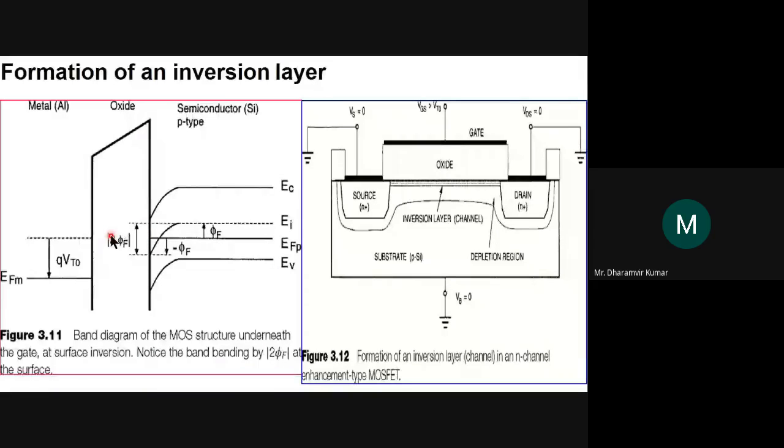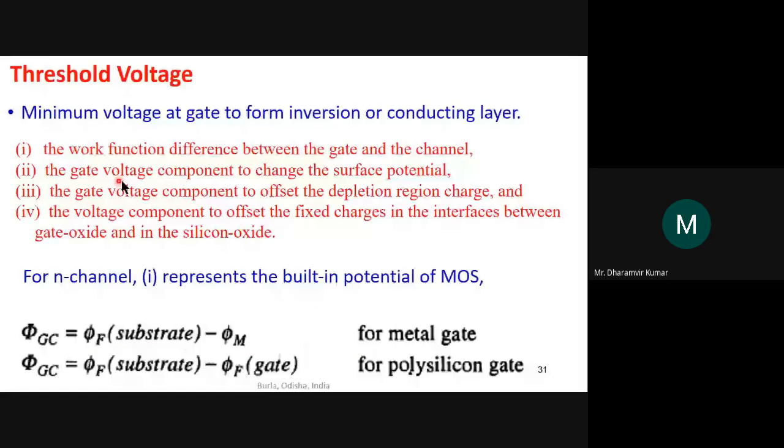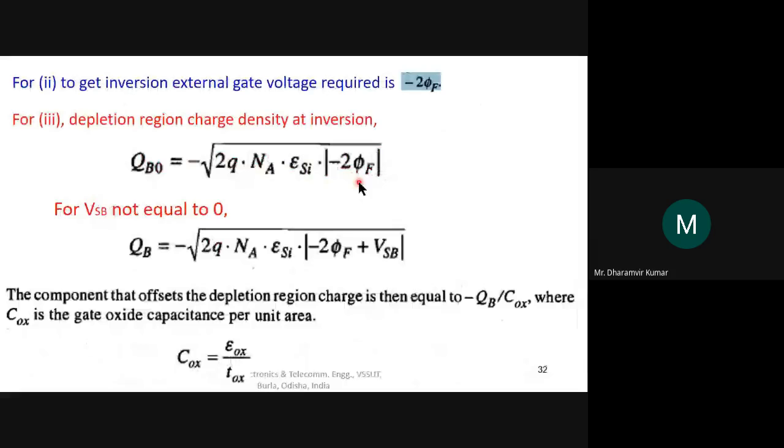This is the same second point, the gate voltage component to change the surface potential. So to get inversion, the external voltage required is minus 2 phi f. To nullify, we require the opposite of this 2 phi f, that is minus 2 phi f.